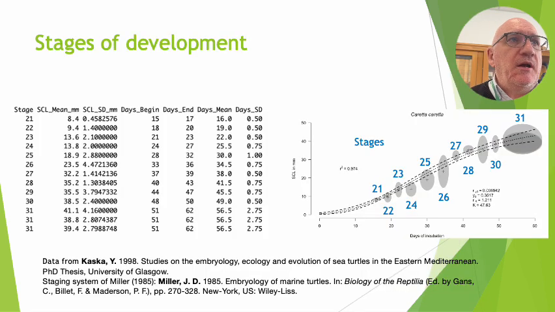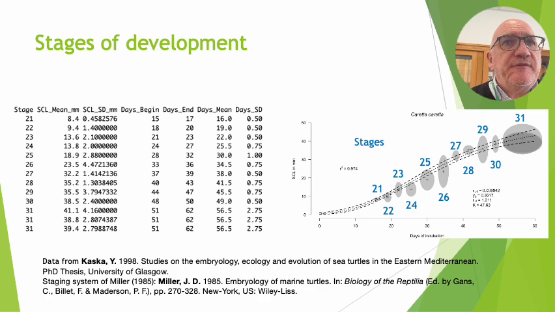Here you see a table of development for Caretta from the thesis of Jakub Kaska. The stages are numbered by the system of Miller, published in 1985. You have the straight carapace length measurement and its standard deviation, and the number of days since the beginning of the incubation.